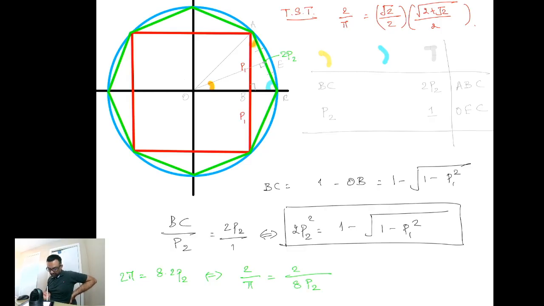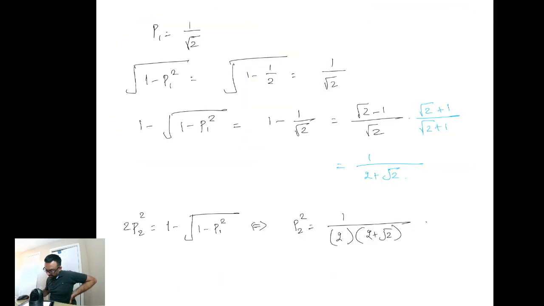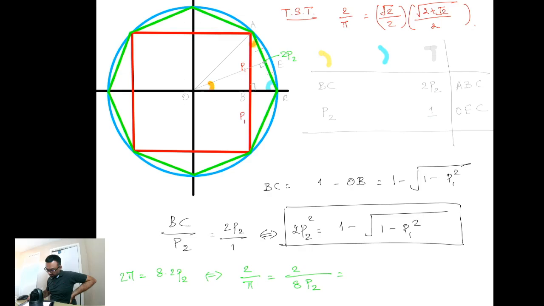I have P2 square is 1 over 2 times 2 plus root 2. So this becomes root 2 times root of 2 plus root 2 divided by 4. This 4 I'm going to split as 2 times 2.